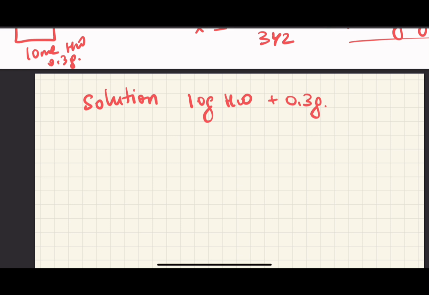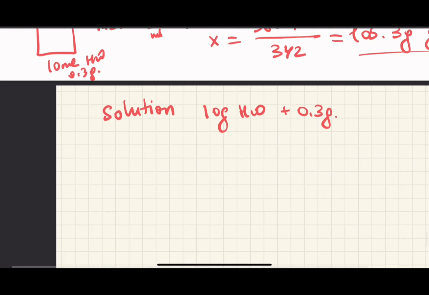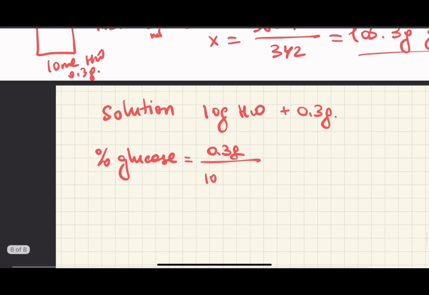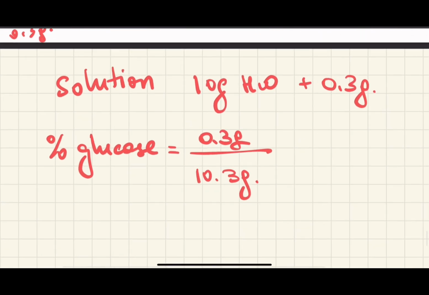Now let's try to find the mass percentage of glucose in here. Glucose would be just 0.3 gram divided by 10.3 gram of solution, right? Or if you have a big volume of water, you can just keep it as 10 gram.